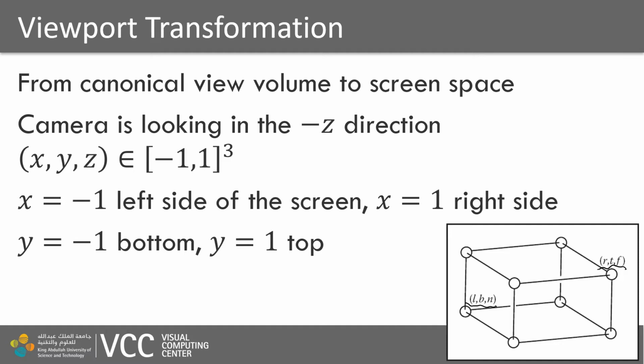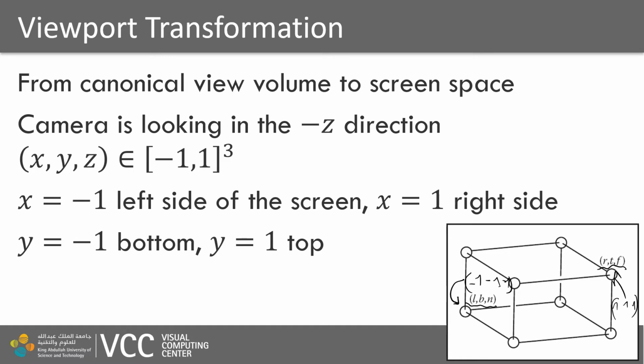This was incorrectly described in the book, and we want to have at this point in the canonical view volume -1, -1, -1 at this position, and at this position we would like to have 1, 1, 1.